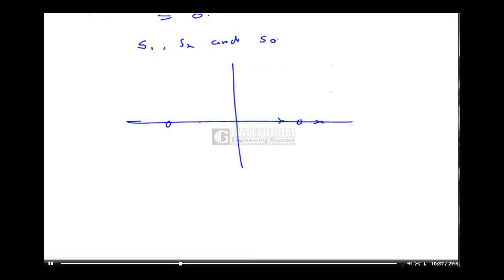One value of s will lie somewhere here. Another value of s will lie somewhere here, and that value is not useful. The values lying here and here are the useful values. In this way we can plot the root locus for such problems.